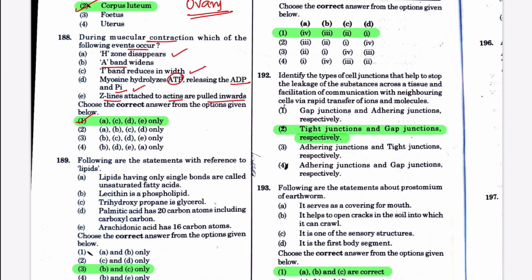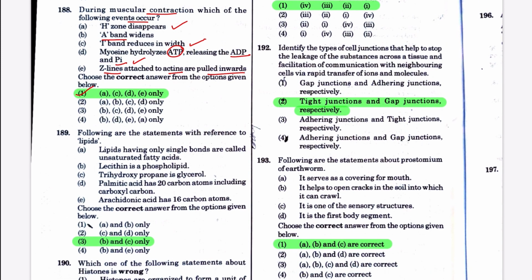Okay, right. So look at the next question, 189. Which of the following statement with reference to lipids is correct? Okay, so lipids which have only single bonds are not called unsaturated fatty acids, they are called saturated fatty acids. Lecithin is a phospholipid is right. Trihydroxypropane is glycerol. Yes, so the formula of glycerol is CH2OH, CHOH, CH2OH.